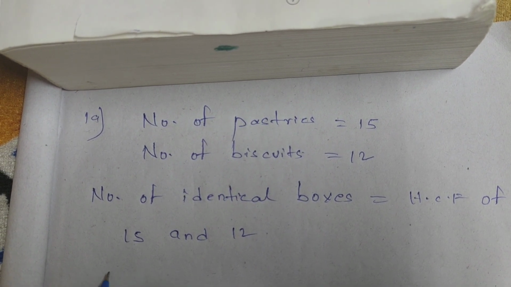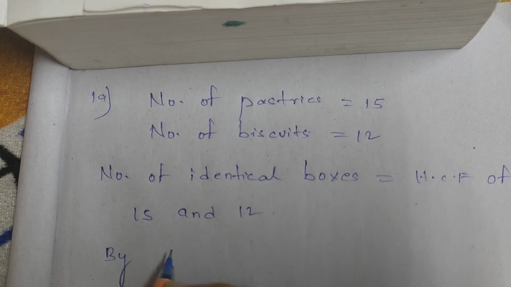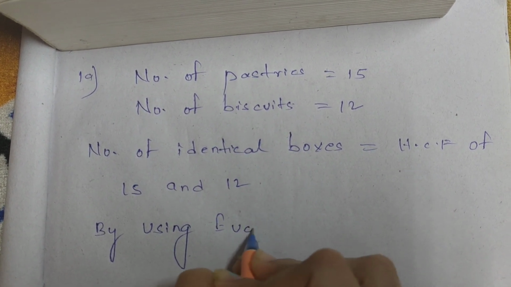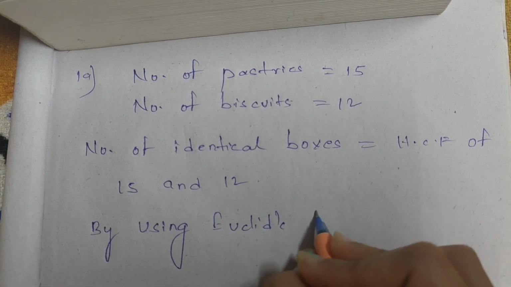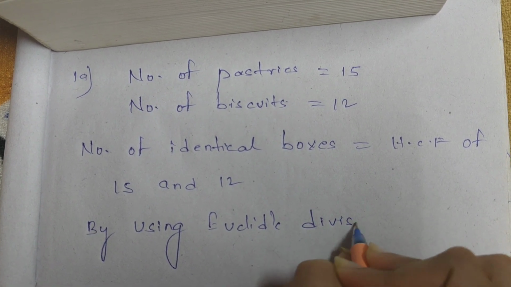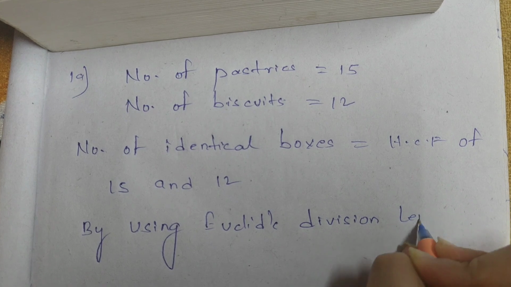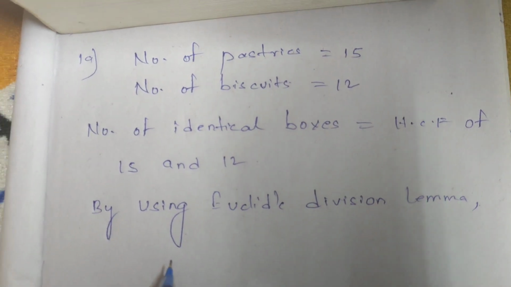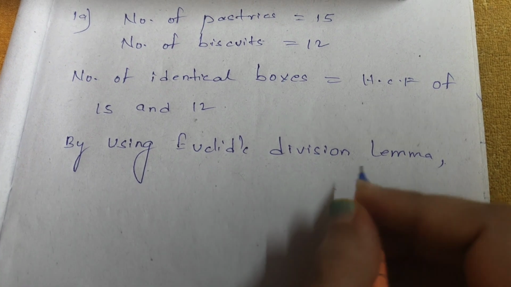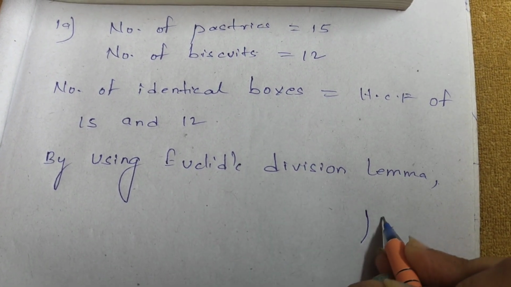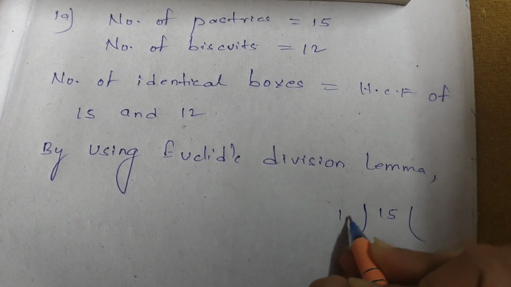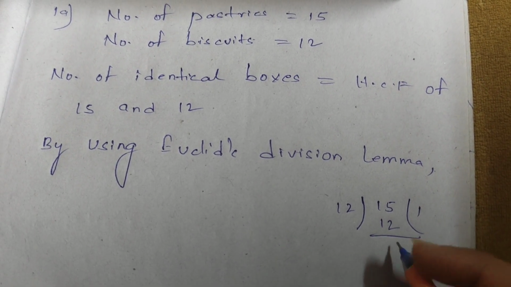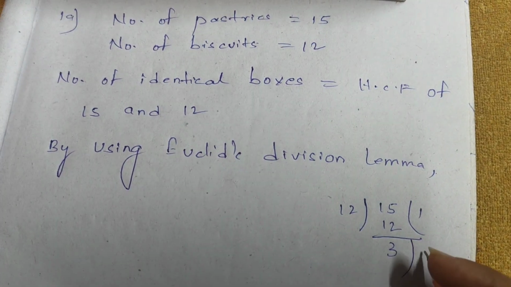So by using Euclid's division lemma, 15 divided by 12, 1 times 12 is 12, remainder 3.